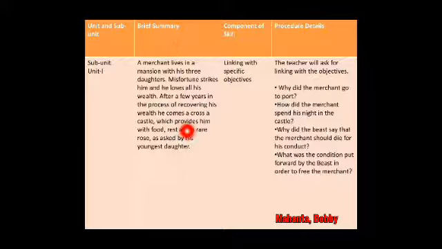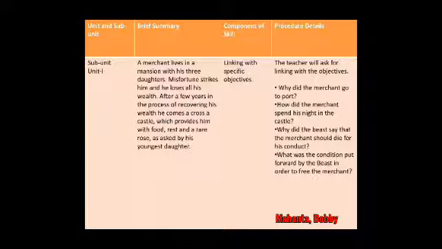Okay, so under this part you mention the same way, you give the brief summary, you give the component and the procedure detail. Since I'm using the PowerPoint, I'm projecting it this way, therefore it's taking 2 pages.